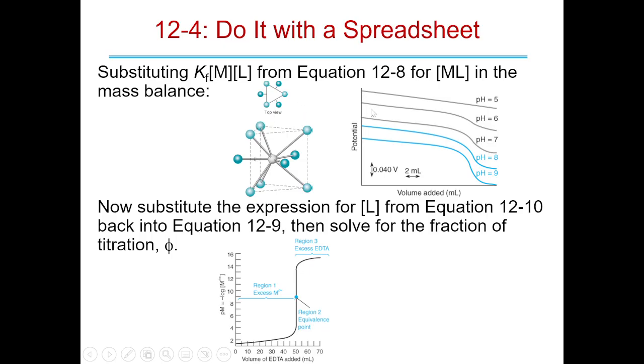If you're ever curious, it's the top view, that's the rounded view. This is your potential in terms of pH. Notice you get a fast drop off up here at the higher pHs, pH 9, pH 8. So then you'd substitute your expression for L from equation 12.10 back into equation 12.9.